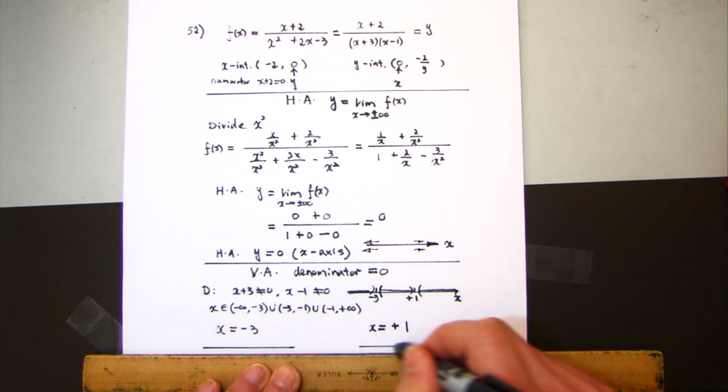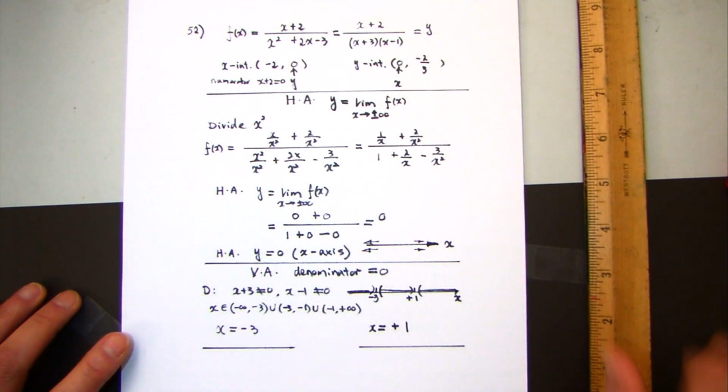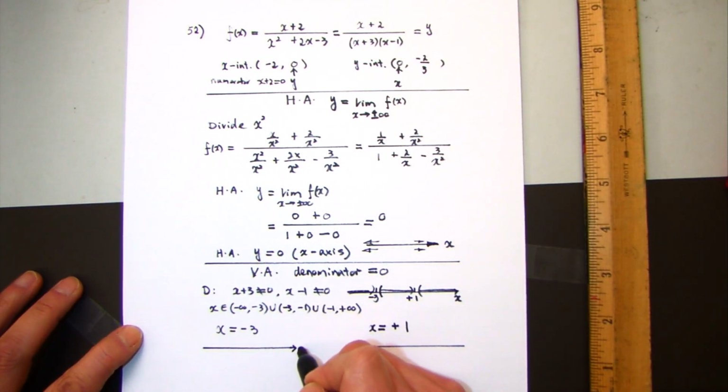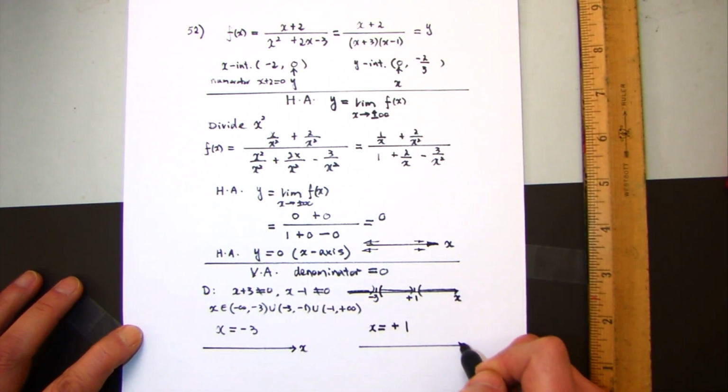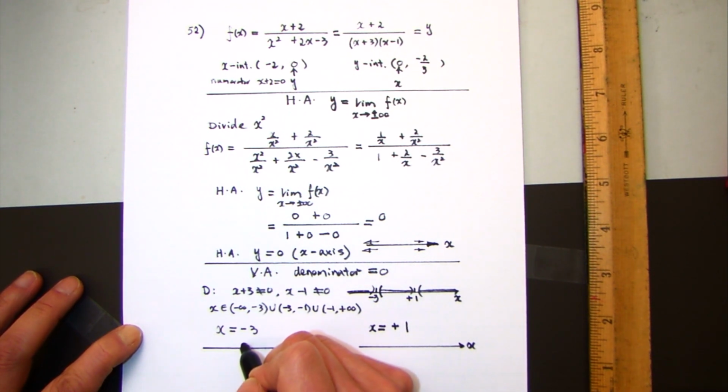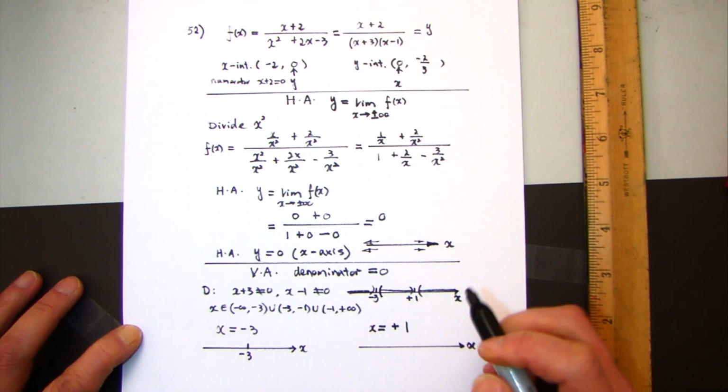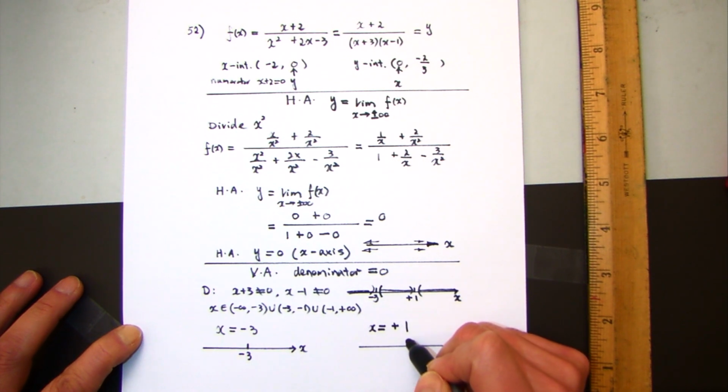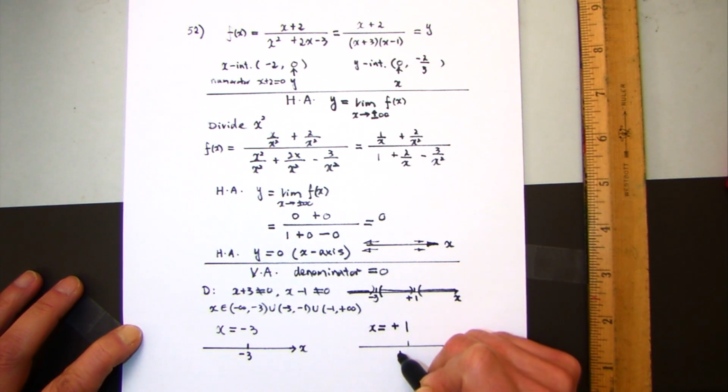So let's lay this out. So this is the x-axis. And I'm going to look at them separately. Okay. What happens to my graph when I get close to negative 3? What happens to my graph when I get close to positive 1?